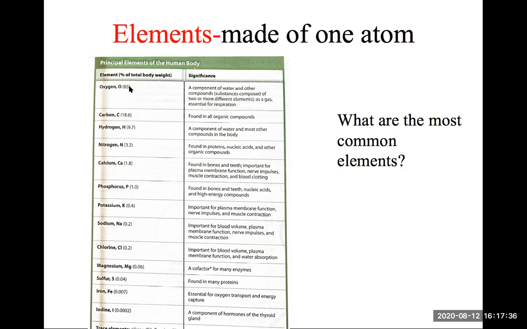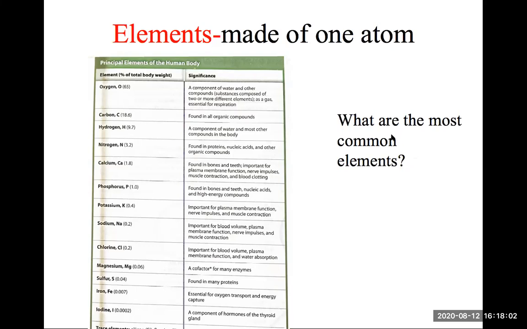If I could split you up into your different elements, over half of you would be made up of oxygen, followed then by carbon, hydrogen, and nitrogen. Even though nitrogen is only 3.2% of the body mass, it drops off after that: calcium, phosphorus, potassium, sodium, chlorine, and then into progressively smaller and smaller numbers.